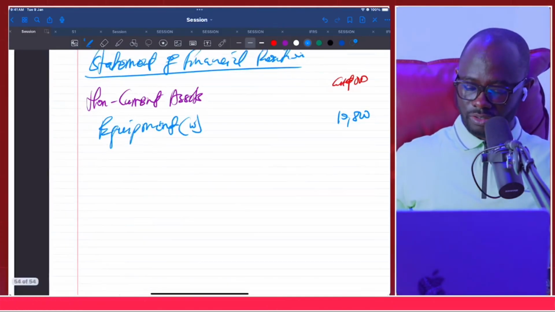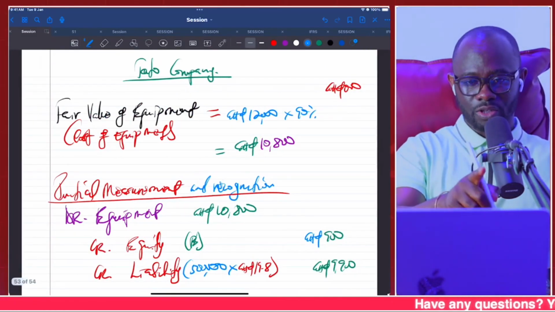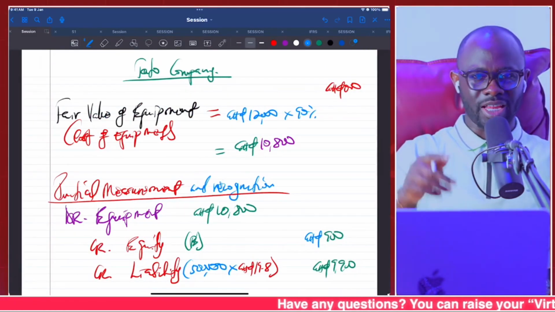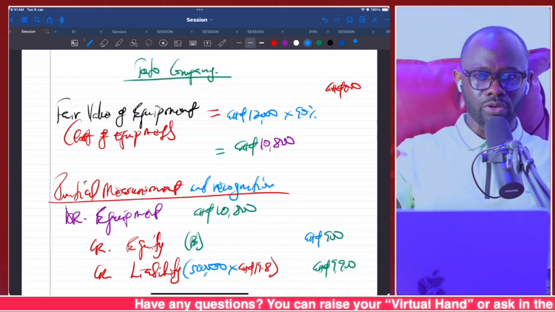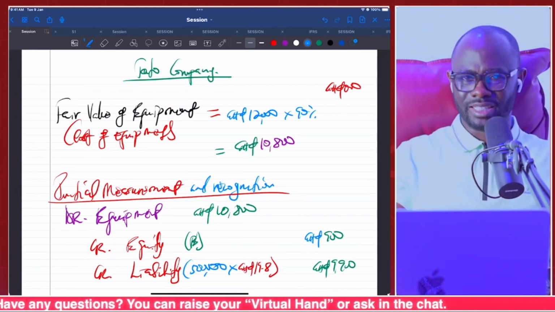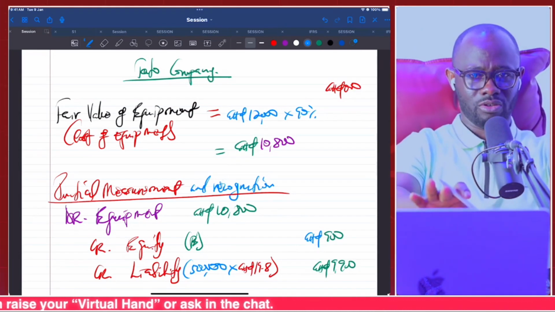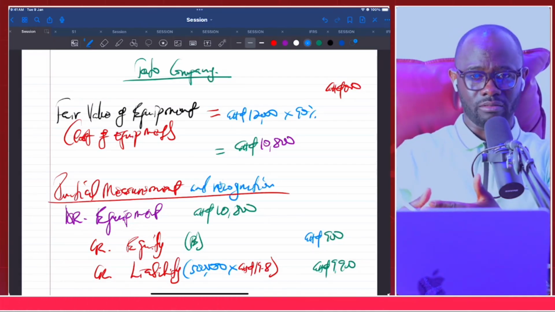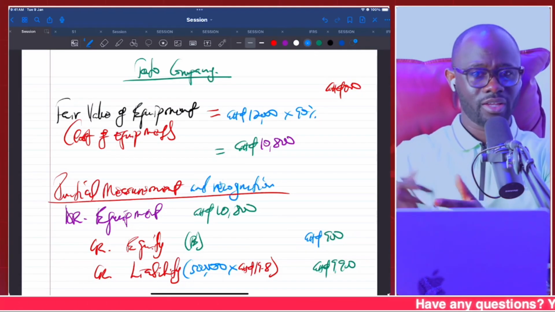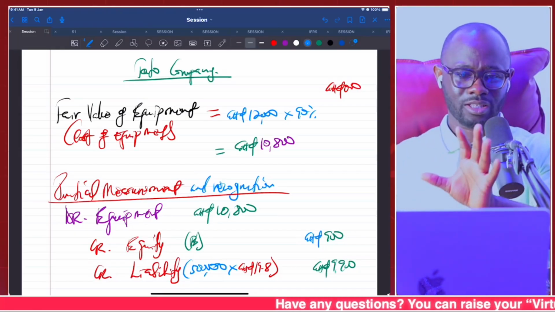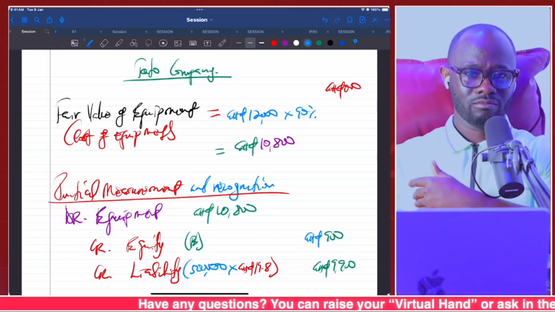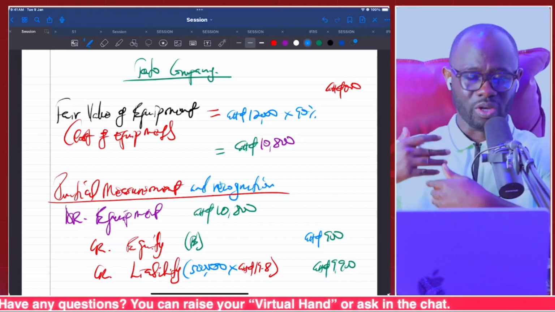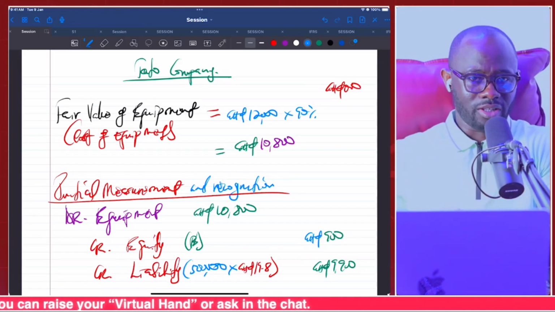Now, the difference between the 12,000 and 10,800 will not come anywhere in our books, because that is trade discount. It is not an early settlement discount, which would come in the P&L as a discount received. This is quantity discount or bulk purchase discount, so it doesn't come anywhere else in the financial statement.